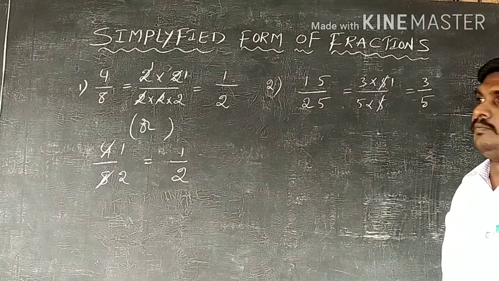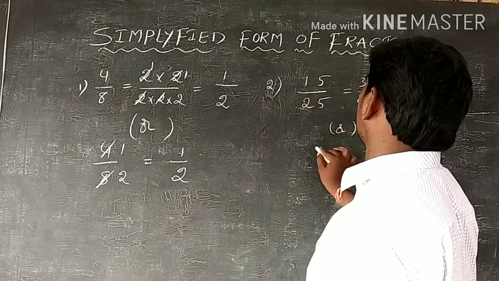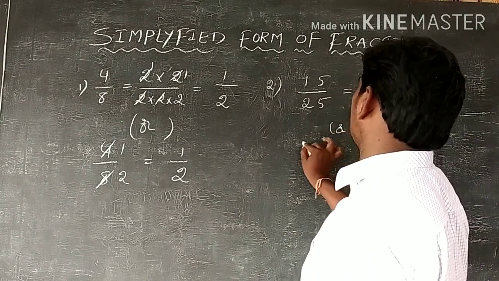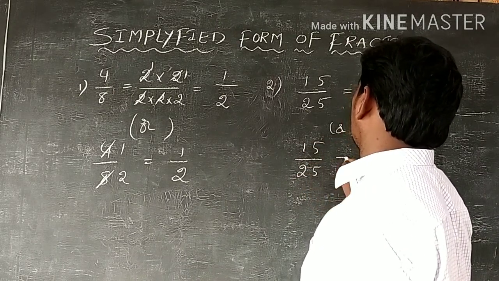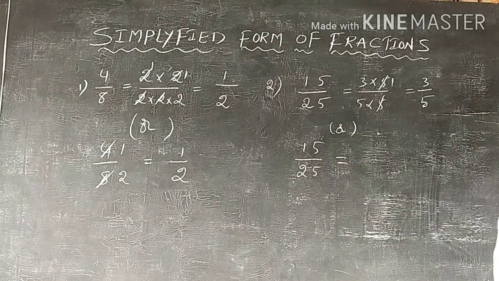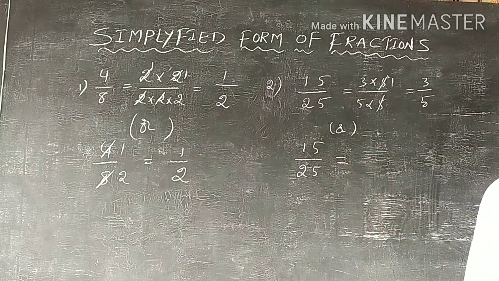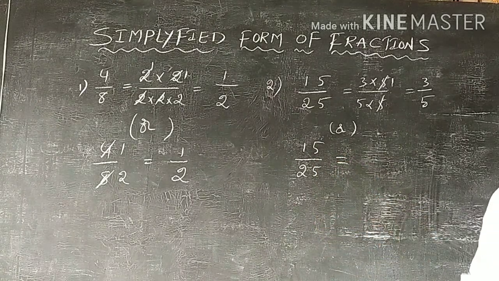This is one method. The second method: take the same 15 by 25 again. 15 and 25 are both divisible by 5, because the unit digit is 5 in both.